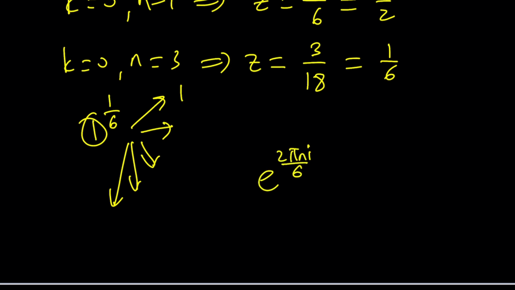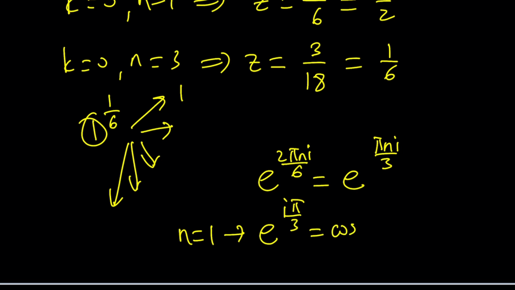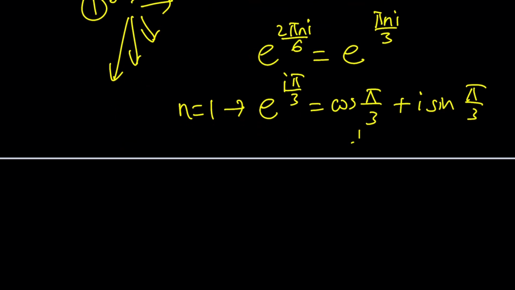To take the 6th root, I can divide by 6, so that should give me e to the power pi ni divided by 3. So for example, if n is equal to 0, that's 1. If n is equal to 1, I get e to the power i pi over 3. And that will be cosine pi over 3 plus i sine pi over 3. What's cosine pi over 3? Cosine 60 is 1/2. And this is root 3 over 2.